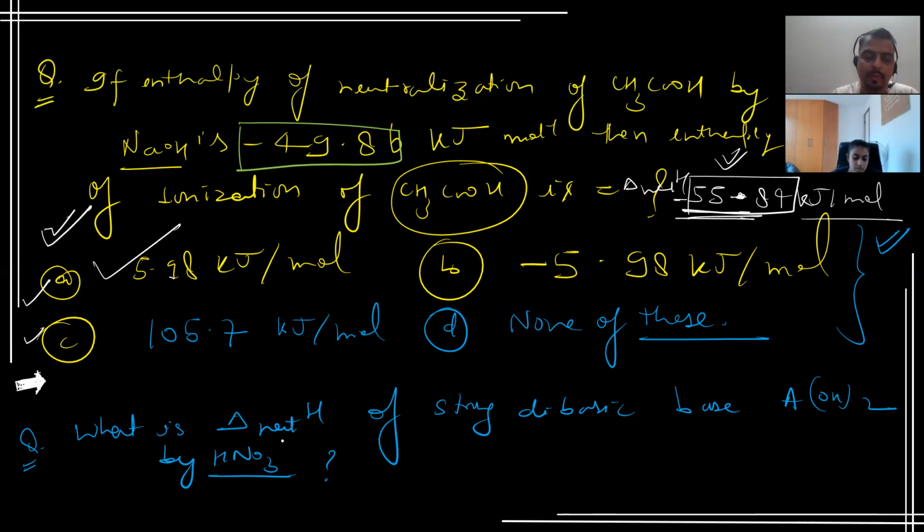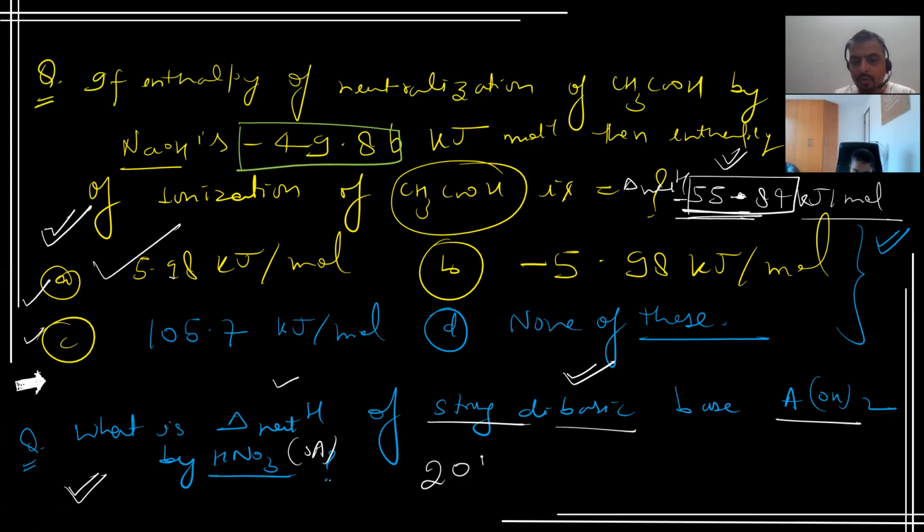Okay, what about this one? What will be the enthalpy of neutralization of a strong dibasic base by strong acid HNO3? So here we are getting 2 OH minus.